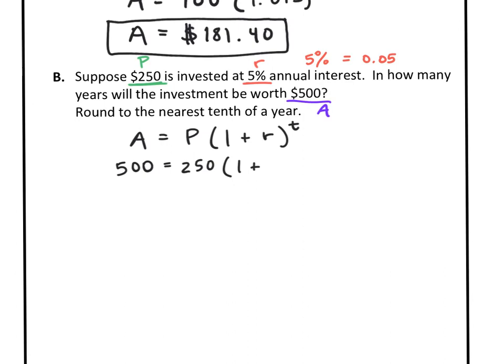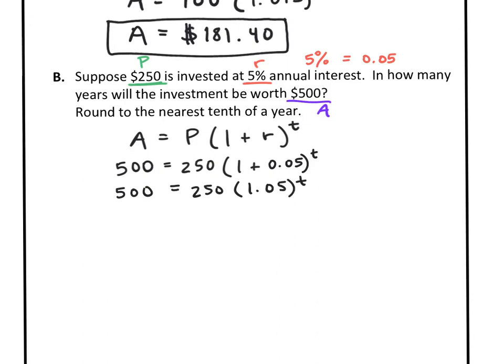So it's going to be 1.05 to the power of t. Okay. So one thing I can do, like I did on example 6, is I can combine what's in the parentheses.